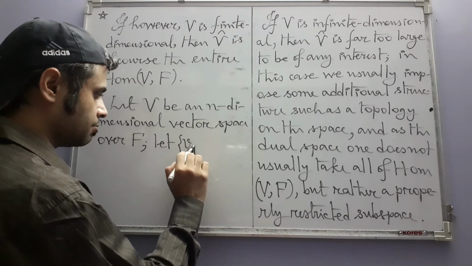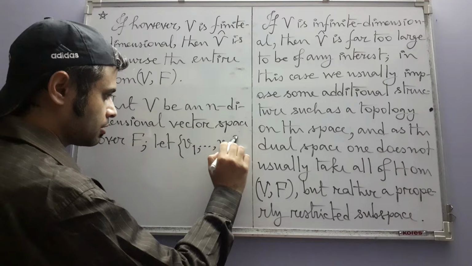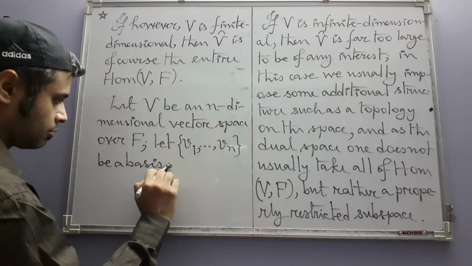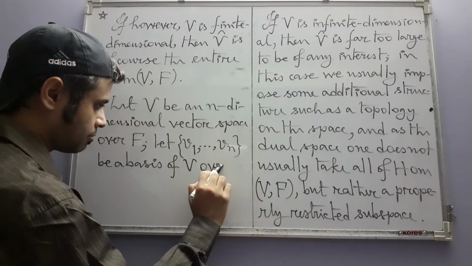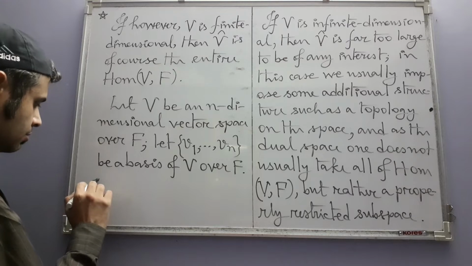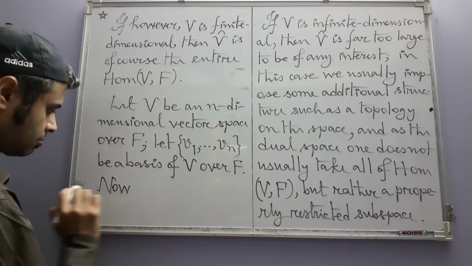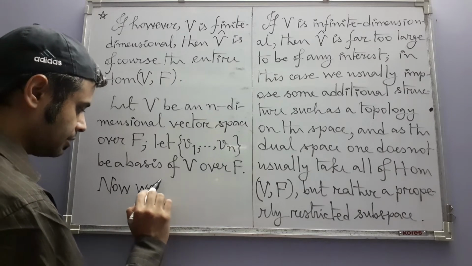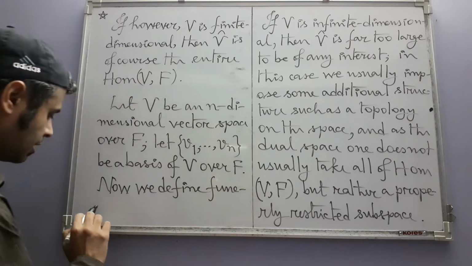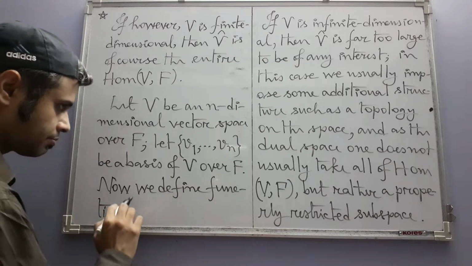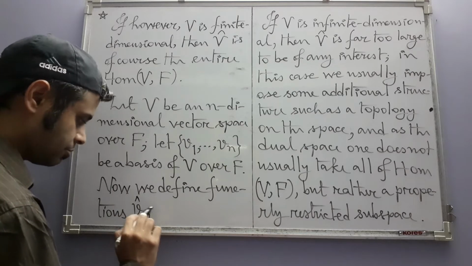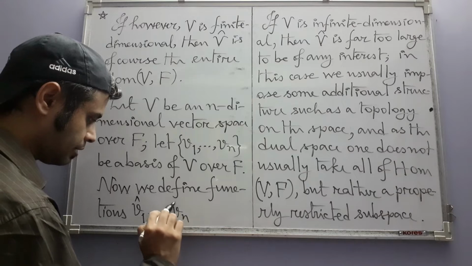So we consider one such basis, V1, V2, etc., Vn, a basis of V over F. Now we define functions V1 hat, V2 hat, like that, Vn hat.